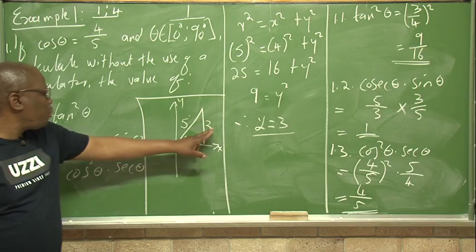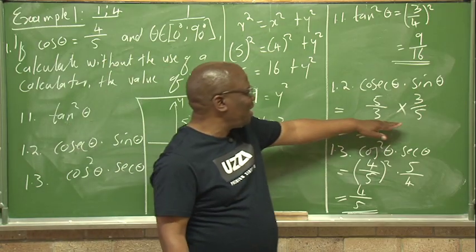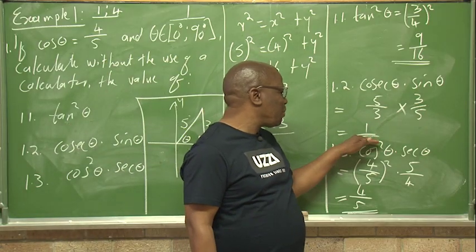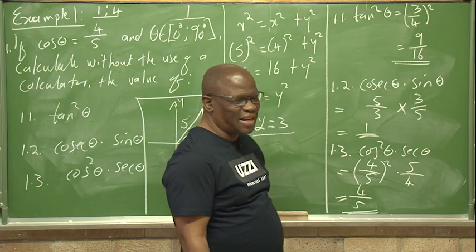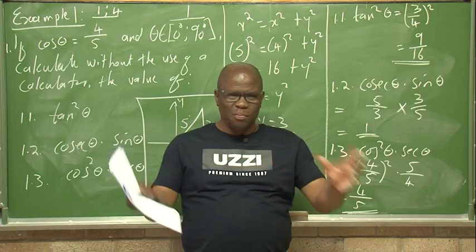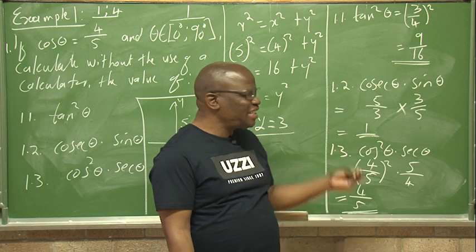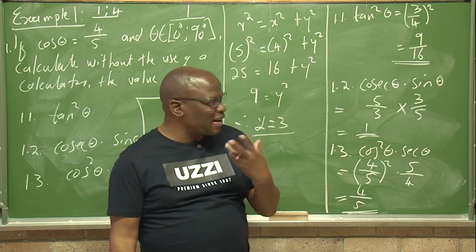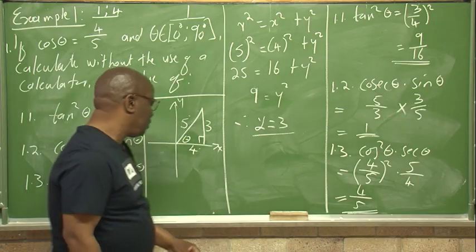Sine is opposite over hypotenuse, 3 over 5, like I indicated here. So you multiply the 2, the product is 1. That's why the 2 are referred to as the reciprocal identity, meaning even cos and secant, if you multiply the 2, you'll always get an answer of 1. Even tangent and cotangent, because they are reciprocal identities, they'll always give you a product of 1.